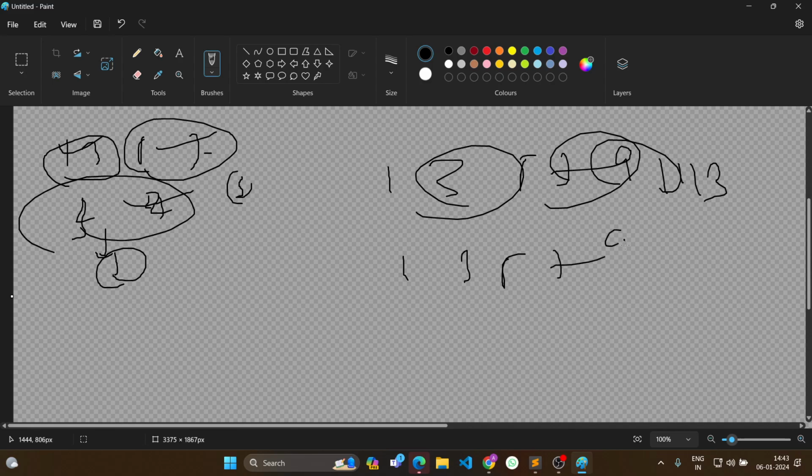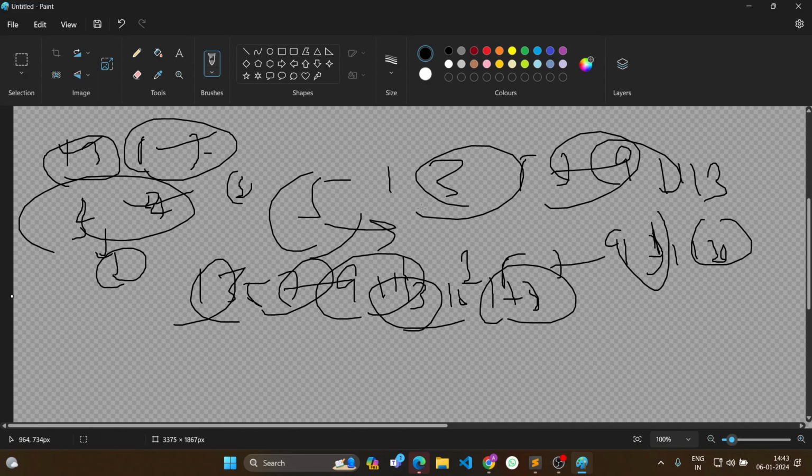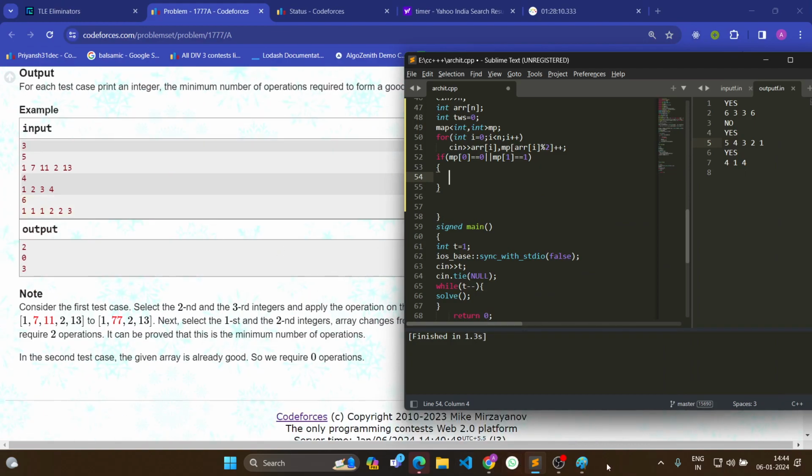And for 1, 3, 5, 7, 9, 11, 13, 15, 17, this will take 1, 2, 3, 4, 5. This is some bit manipulation here. It's a small bit manipulation, but whatever the difference is, you have to make it 1, right?